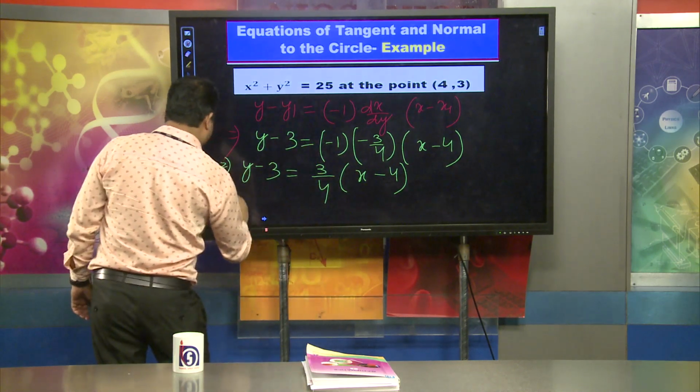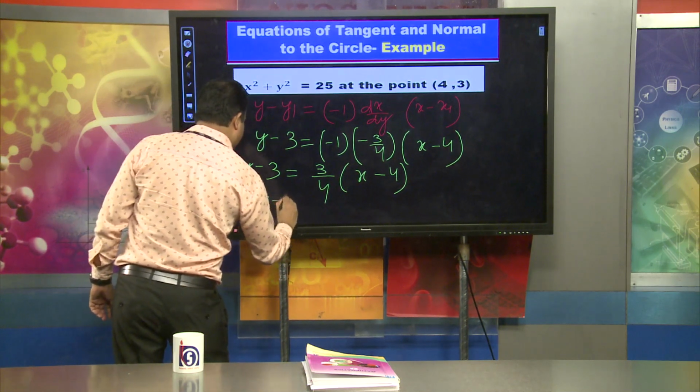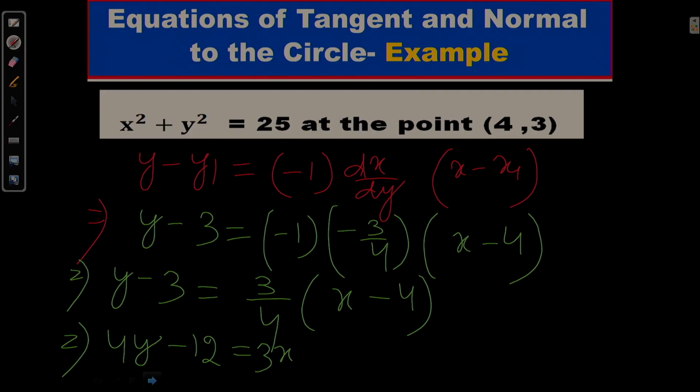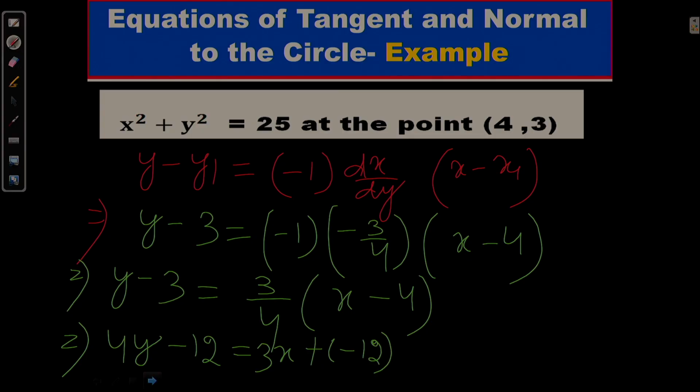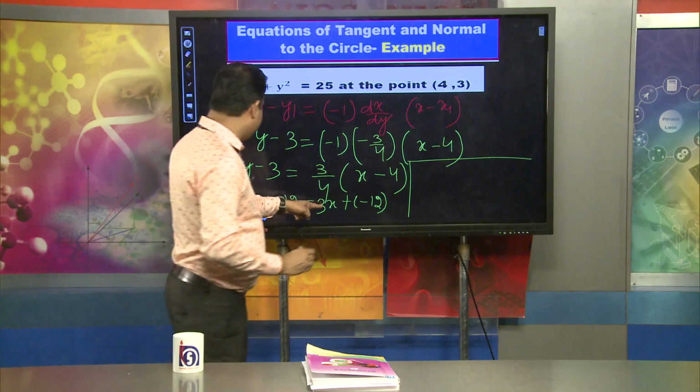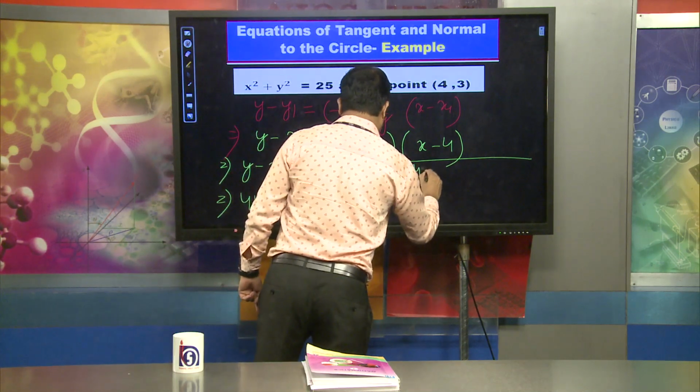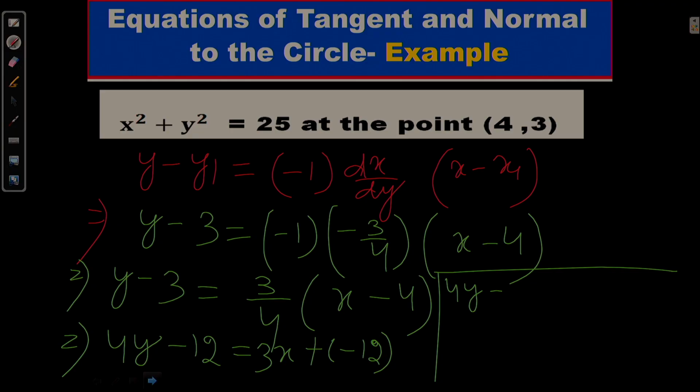Again we simplify: you get 4y minus 12 equals 3x minus 12. So, again I am repeating, 4y minus 3x equals minus 12 plus 12, and the right hand side will be 0.